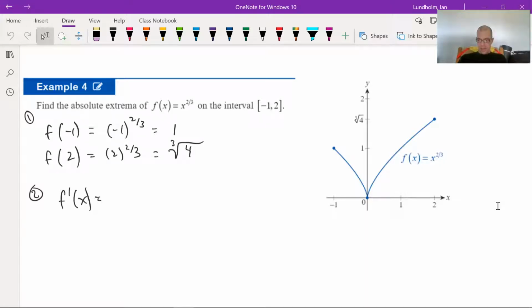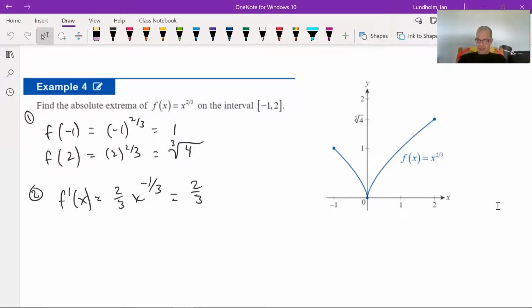So we take the derivative and get 2/3 x to the -1/3 as our derivative. And a critical point here would be 0. Let's think about why.